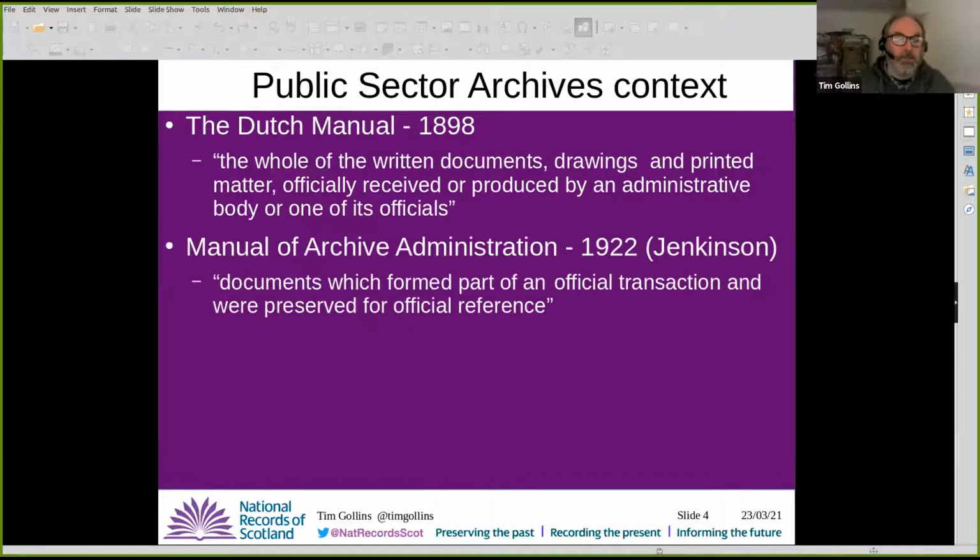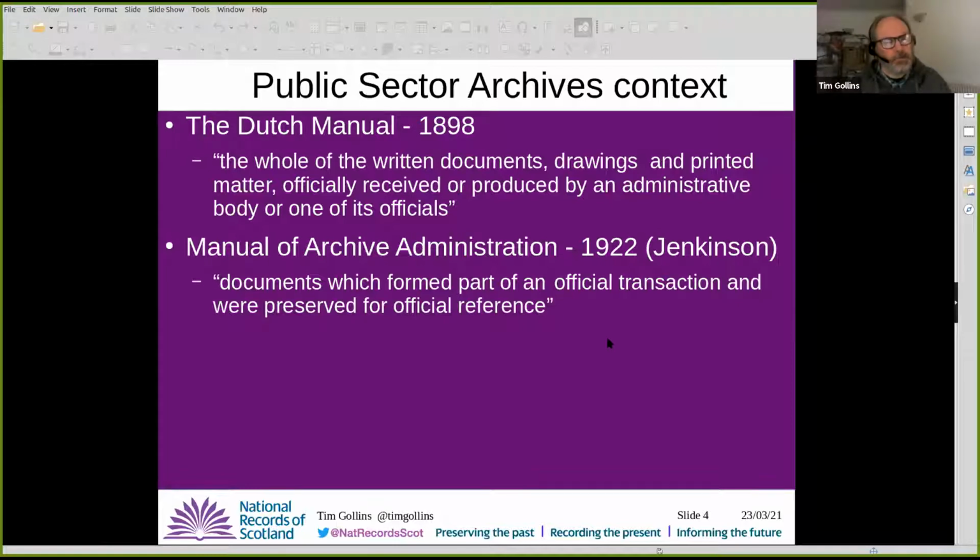A few years later, in 1922, the wonderful and amazing Hilary Jenkinson, beloved of British archivists everywhere, described in his Manual of Archives Administration the archive as consisting of documents which formed part of an official transaction and were preserved for official reference.